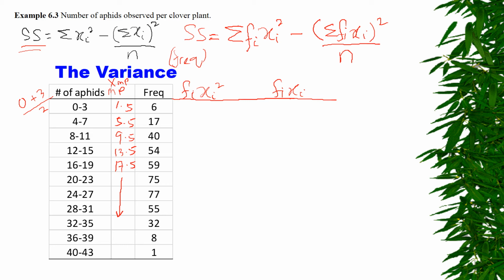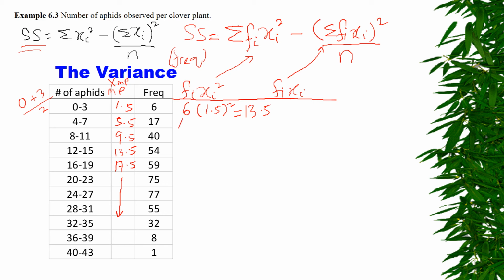For this one, you have 6 over here, and then you times 1.5 squared, and this will become 13.5. And then try to do the rest.